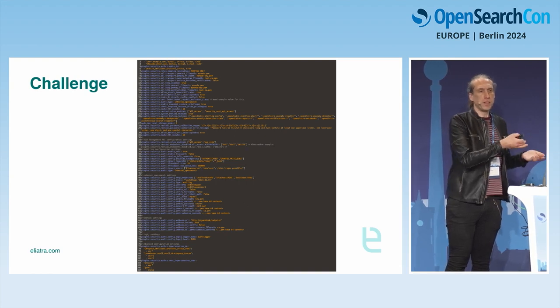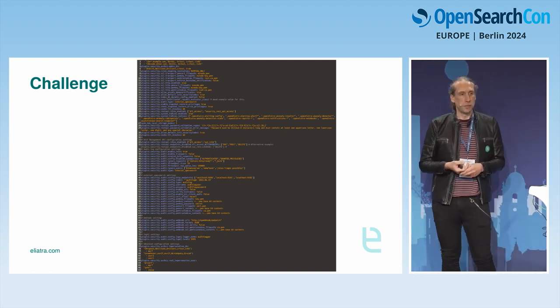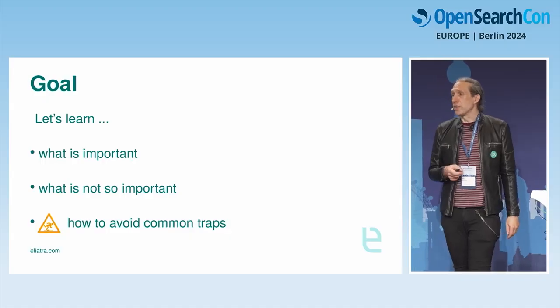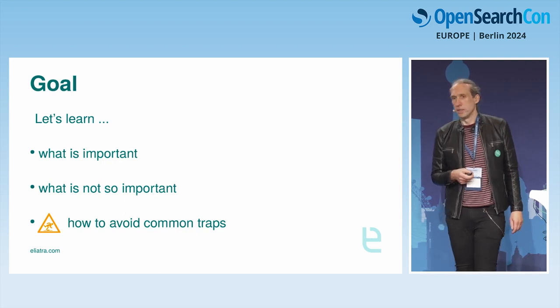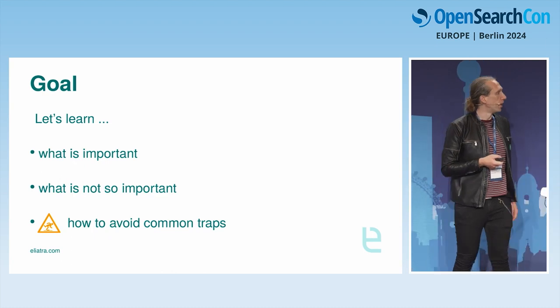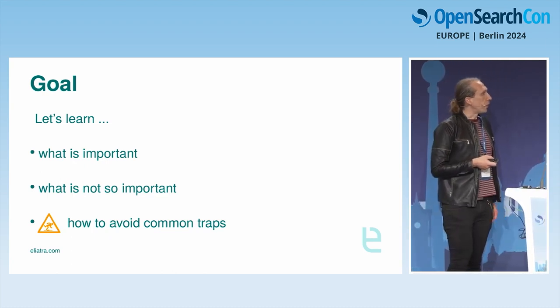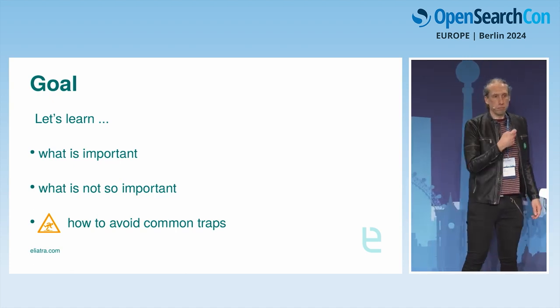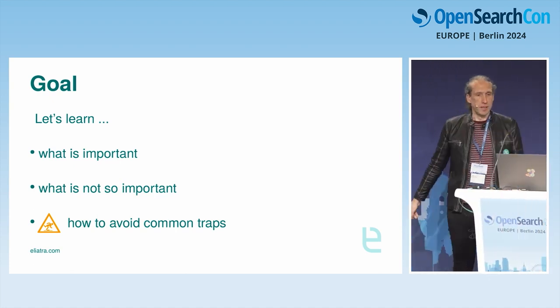In this extremely diverse world of environments, some have their justification, but in most cases, they don't. So the actual art is to learn what's important and what's not so important, what you might just skip over, and where the foot traps are that you shouldn't be stepping on. And that's what we will be looking at.